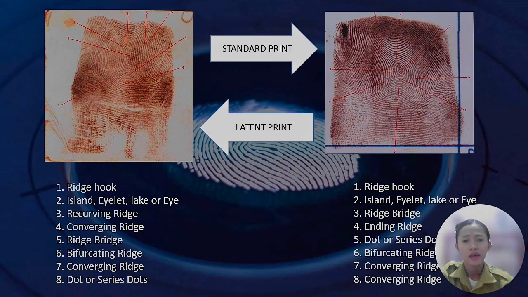But what you have observed in this image, as you can see, is that this fingerprint and the standard print are really different, based on the location, and not just the location but also the flow of the arches, the whorls, and so on.